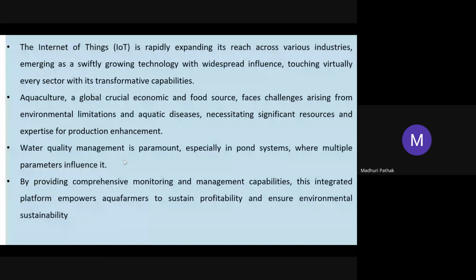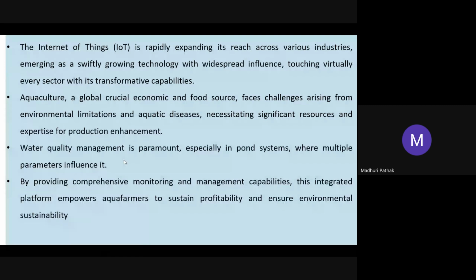But in a pond, the water depth is around 1.5 meters to say 10 meters, so you can't assess whether whatever is inside the pond is growing or not, or what the water quality parameters are. The most important aspect in aquaculture is water quality management, where multiple parameters influence it. And water quality is not only about the chemical parameters.